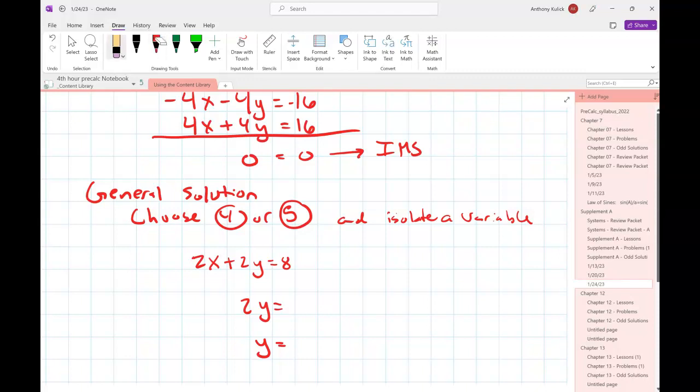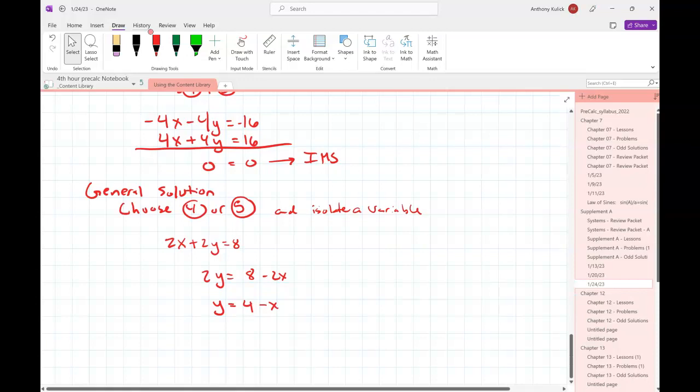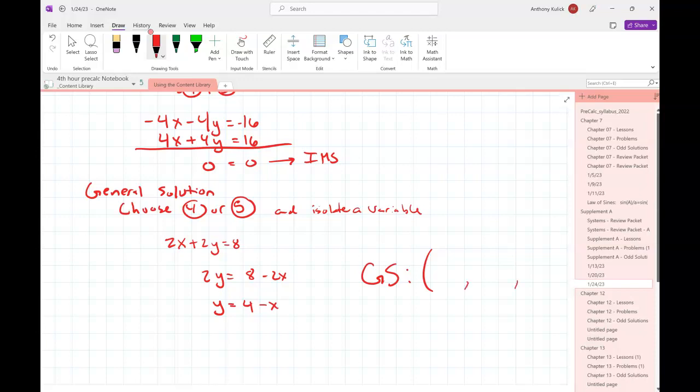Let's write it this way. So my general solution now is going to have like 3 parts to it, right?